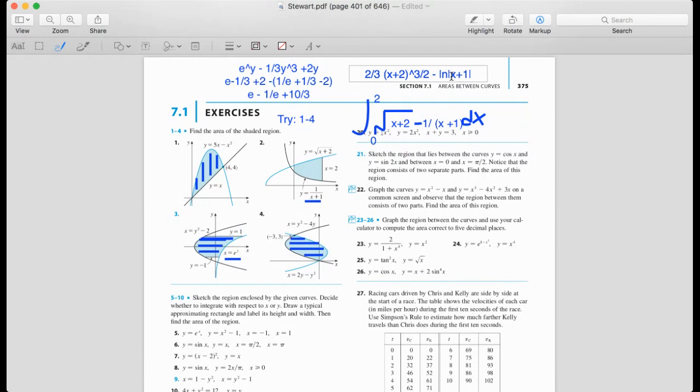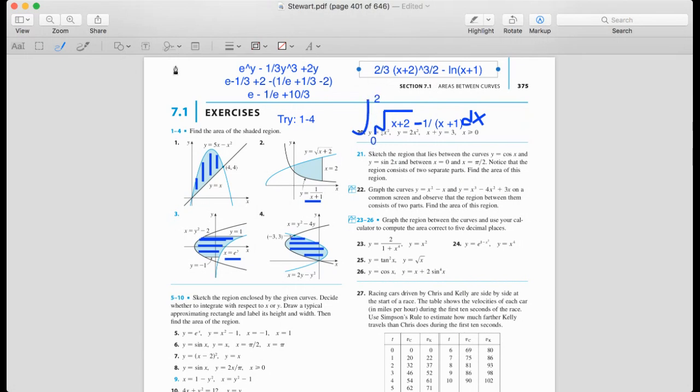Ln of x plus 1 will be positive. So I don't really need this absolute value. But be careful with that. Sometimes it depends on the upper limit or the lower limit. So in this case, x plus 1 is positive from 0 to 2. So I don't need absolute value here. So this is my antiderivative, right? Let's evaluate at 0 and at 2.